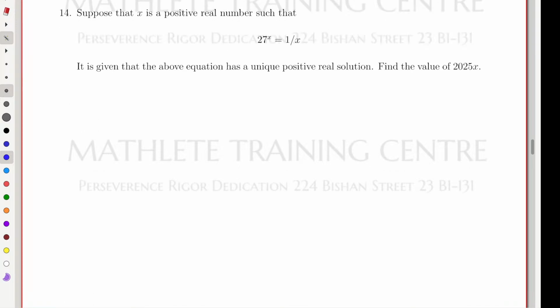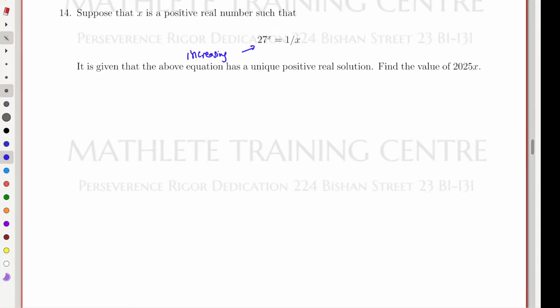Suppose that x is a positive real number such that 27 power x is equal to 1 over x, and there's a unique solution. Find the value of 2025 times x. Now, surprisingly, the idea for this question is to guess and check. Why? Because 27 to the power x is what we call an increasing function.